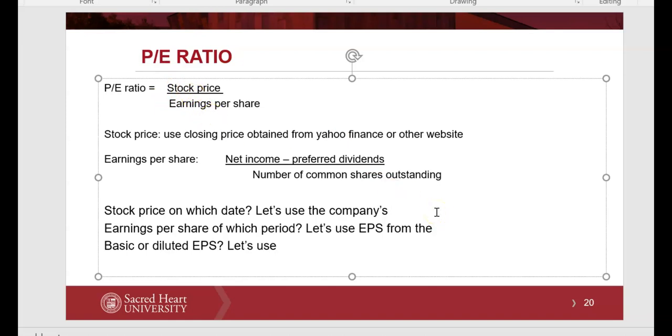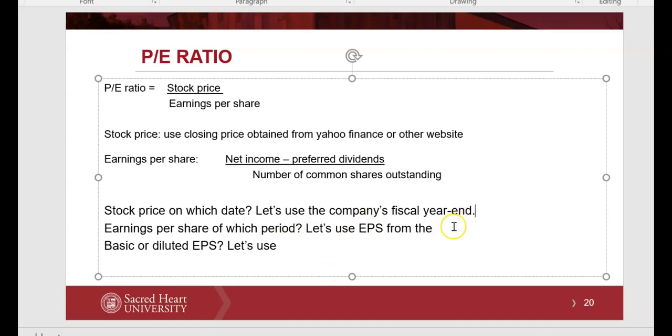We know the stock price at the fiscal year end, but we don't know those exact earnings per share because the audited 10K is not going to come out for at least a month after the fiscal year ends, because a lot of work needs to be done. But just for simplicity, let's use the stock price on the company's fiscal year end, even though we don't know exactly what earnings per share are on that date.